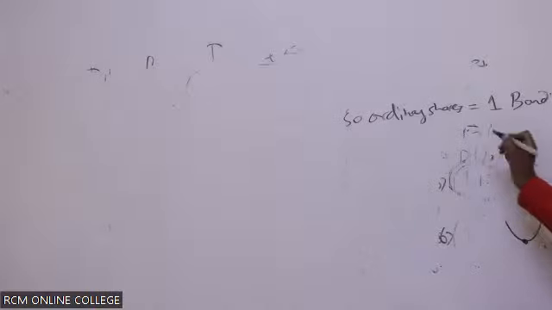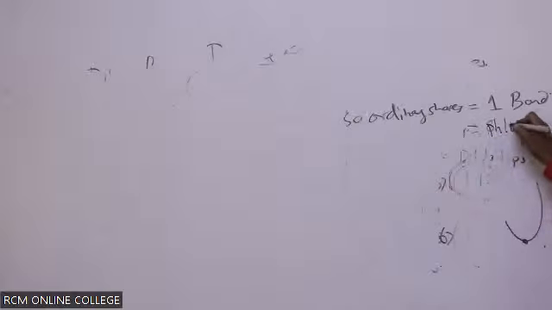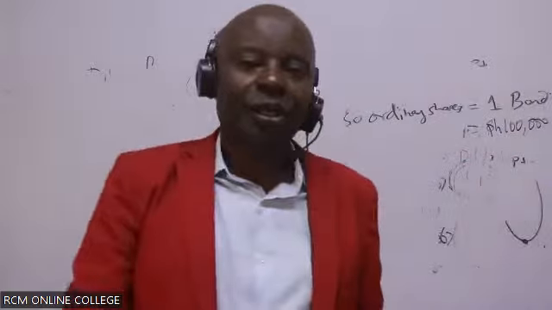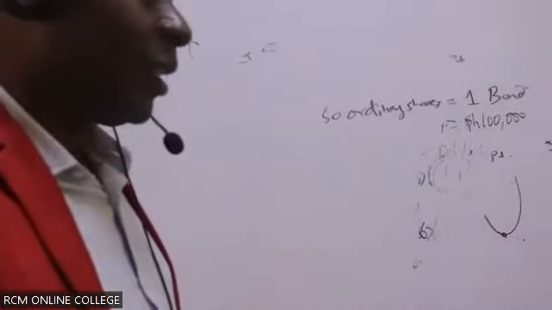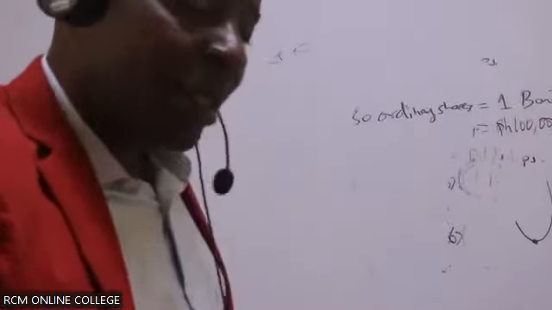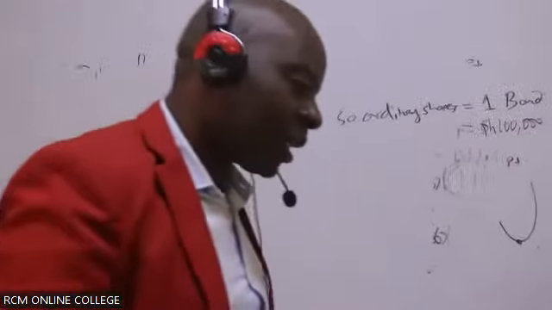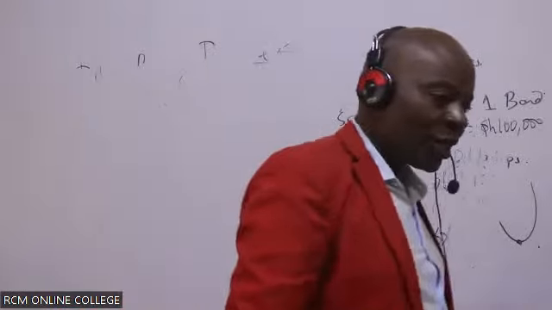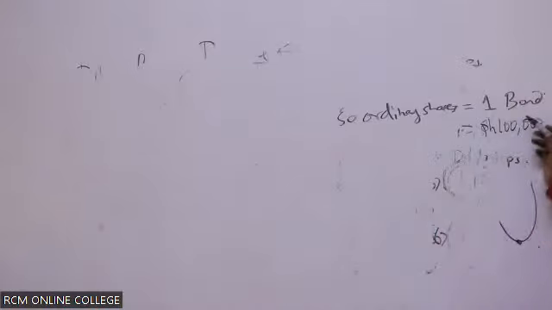you can't come here and say, what about shillings 100 million? Let me talk of shillings 100,000 because we're cutting 3 zeros. You can't say that mathematically. That will not be correct. Why? Because these are number of bonds. So there are 2 ways of handling this.